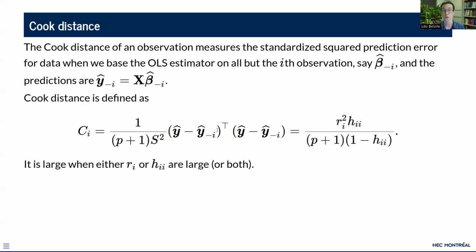And then I compute a measure of the distance between the predictions, squared, and I standardize this by the variance and the number of observations. So this is a square, this is a square, and that gives me what we call C_i. So that's the Cook's distance of observation i. How much did the overall predictions change when I left out observation i?